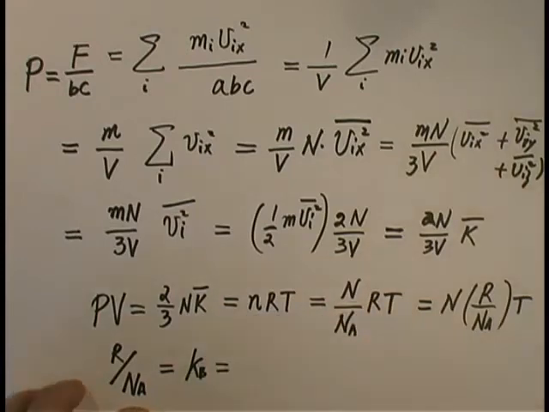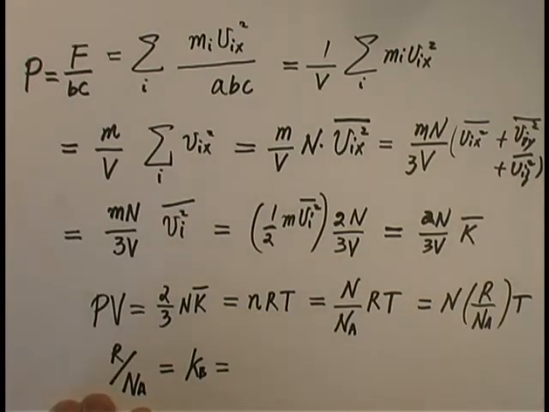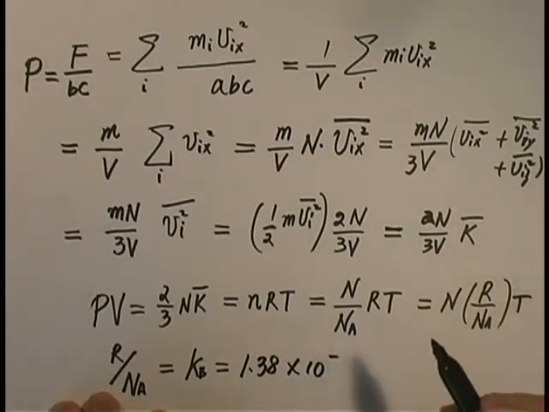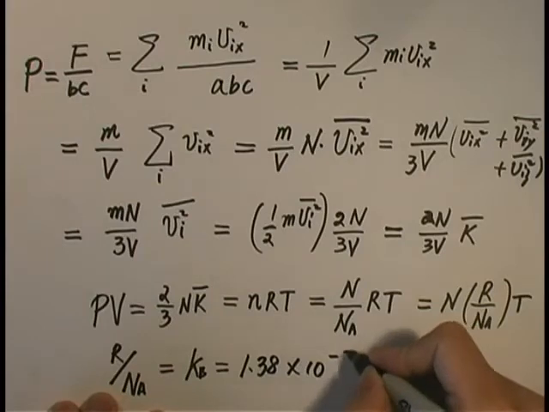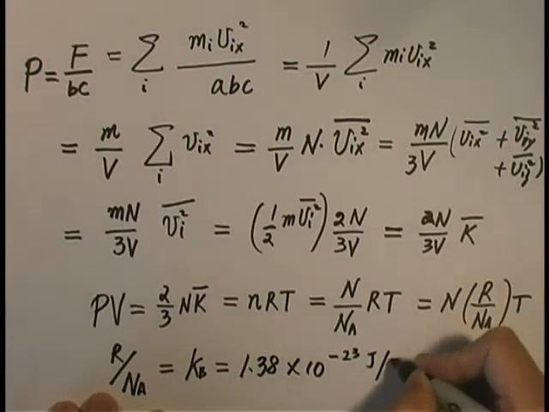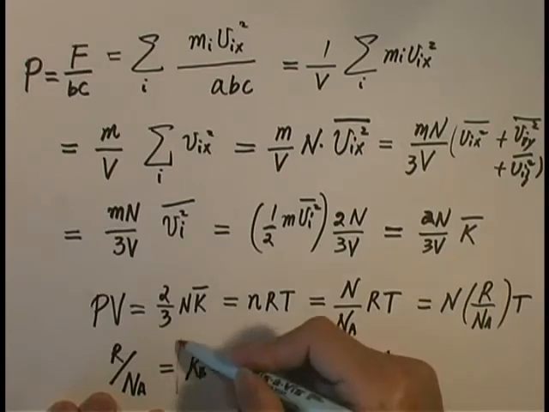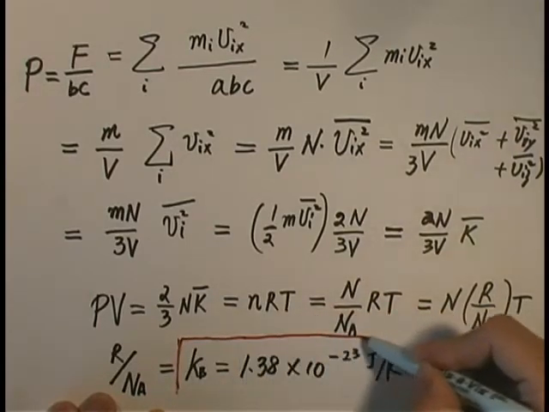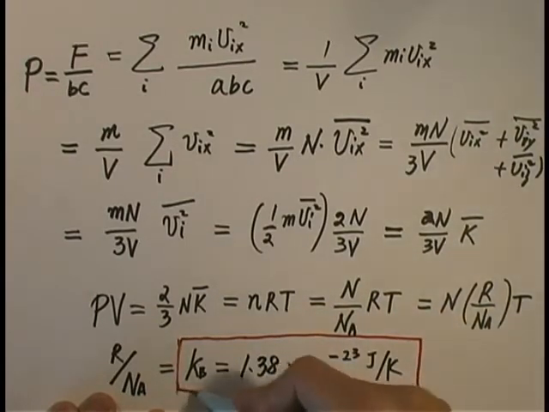Its value is first given in chapter 19, but starting from now, we're going to use this extensively. It's equal to 1.38 times 10 to the negative 23 joule per Kelvin. It is one of the most important fundamental constants of nature.